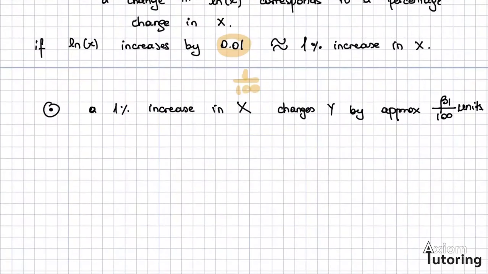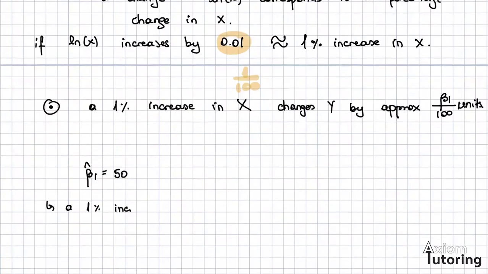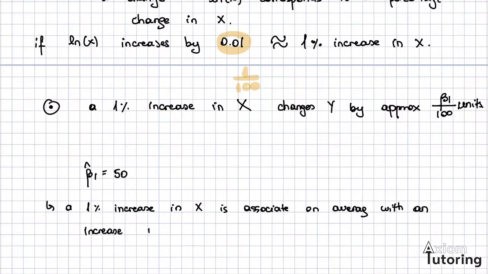Let's say you have a beta 1 that you have estimated as 50. Then a 1% increase in x is associated, on average, with an increase in y by approximately 0.01 times 50, which is equal to 0.5.